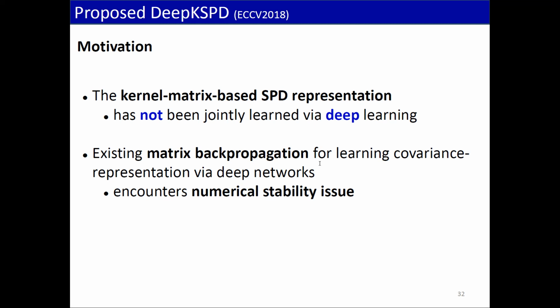This is our motivation for this work. Also we have been aware that the existing matrix backpropagation could cause some numerical stability issues. We have seen some complaints in the recent literature, so we would like to look into this issue in our study. So those are the two motivations of this piece.